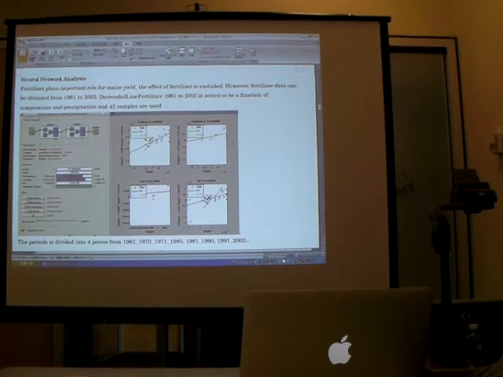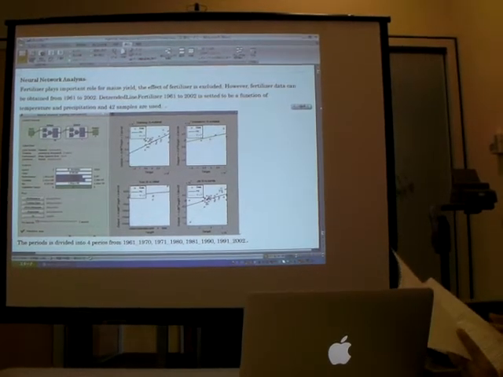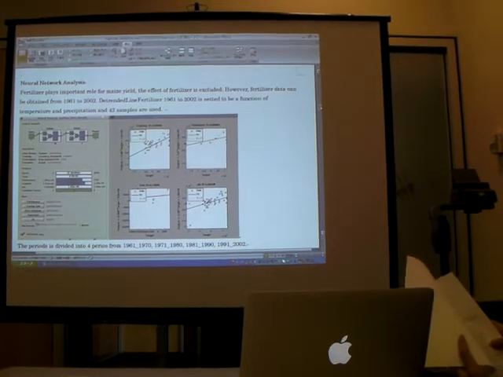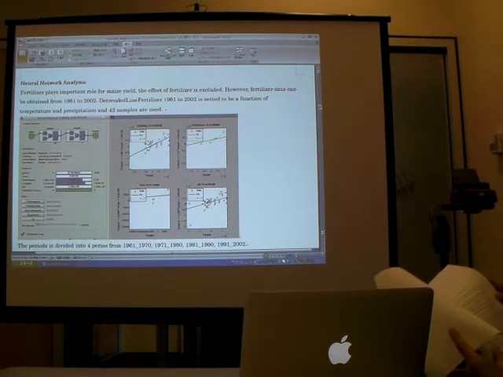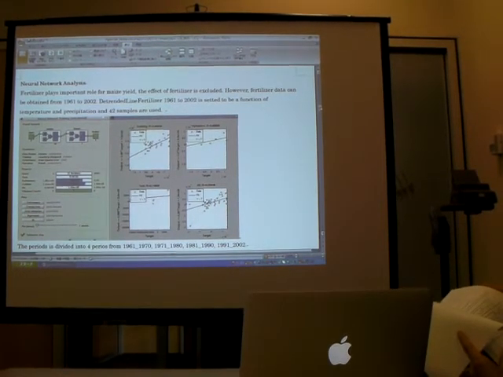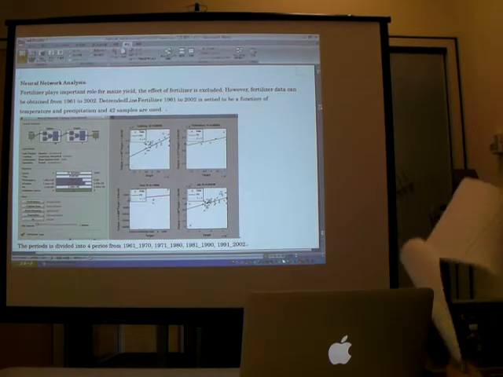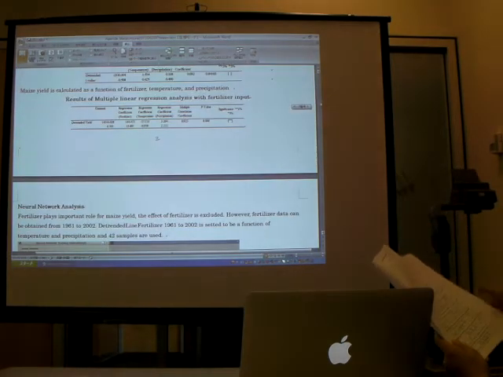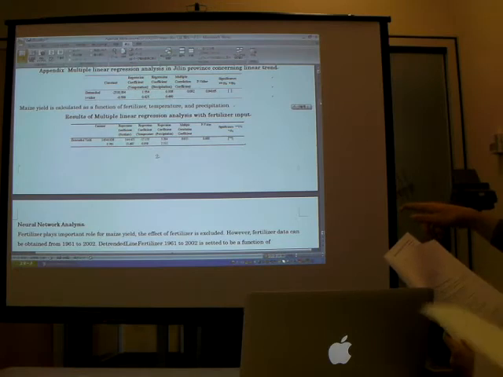The linear one was like 39%. So these are including as predictors everything except the fertilizer. When you compare it with the multiple linear regression, you have correlation coefficients of 50%.